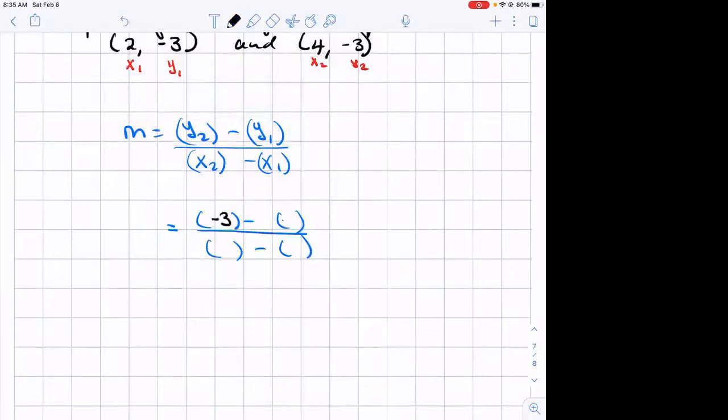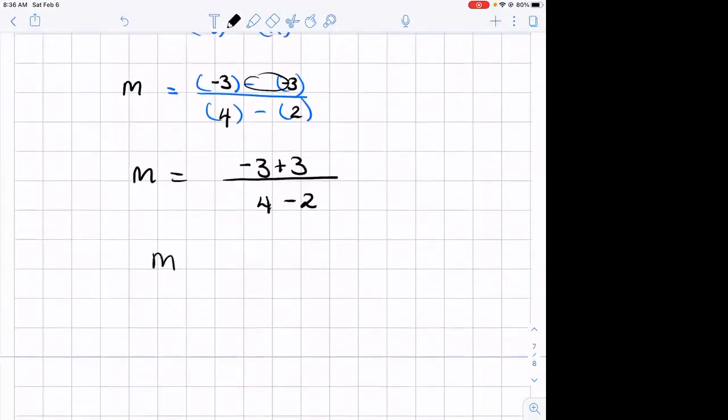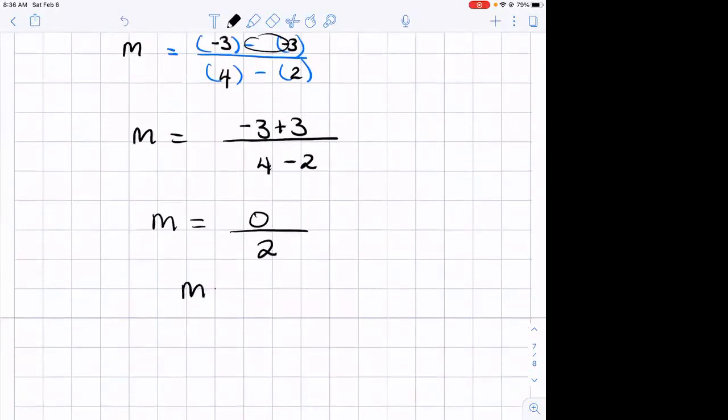Instead of y1, -3. Instead of x2, 4. And instead of x1, 2. Simplifying this becomes -3. The 2 negative becomes plus. And then we have 4 minus 2 in the denominator. So we have m is 0 over 2. Therefore, m is equal to 0.